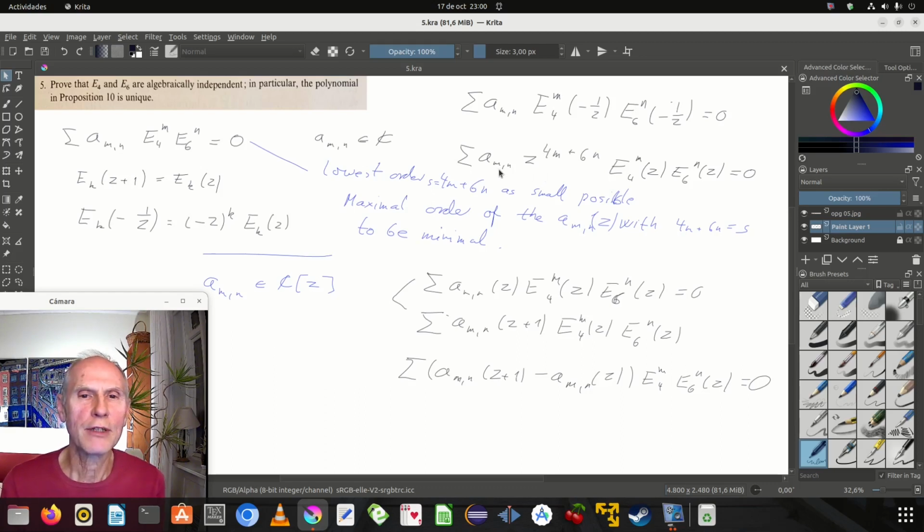That's impossible, so that means that this polynomial must be identically zero. Now that's impossible.